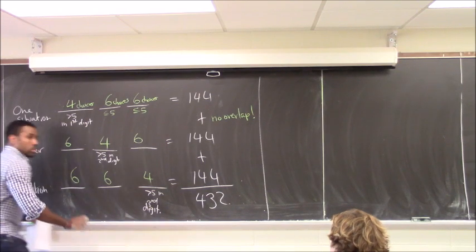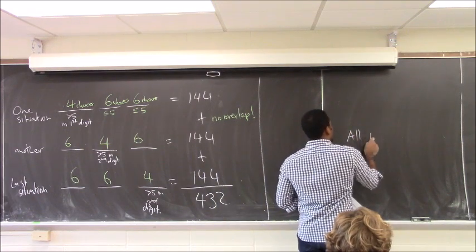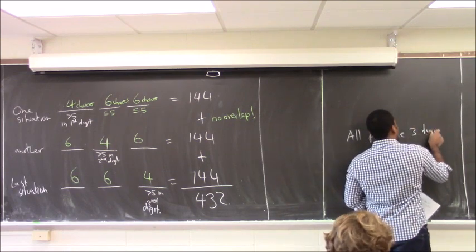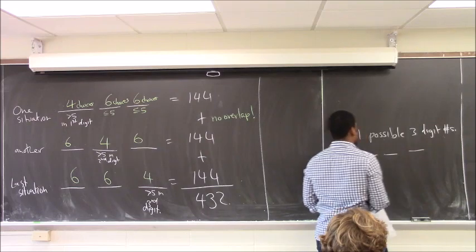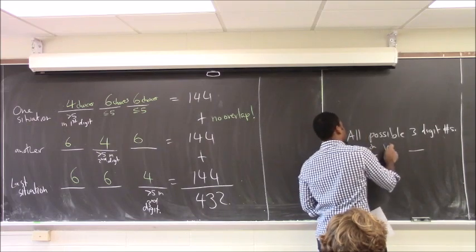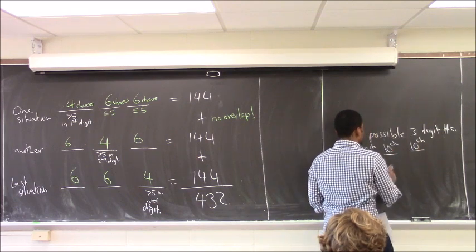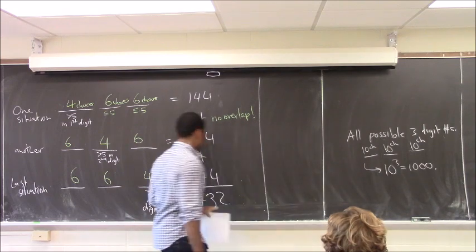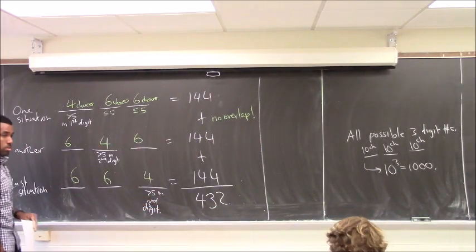That's 1,000, not 10,000. Think of that as a 3-stage experiment. There are 10 choices, 10 choices, 10 choices. Multiplication rule tells us there are 10 to the 3 choices, that's 1,000. And then a little less than half of those will have exactly one digit being greater than 5.